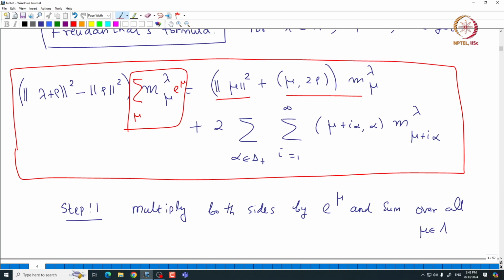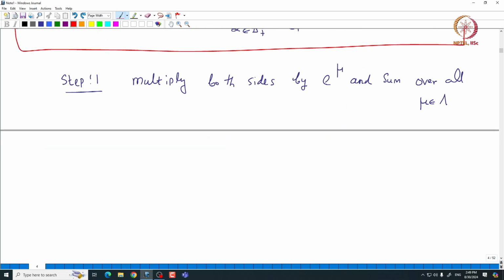So, let us write down very explicitly and see what is happening. Now the left hand side clearly becomes the norm of lambda plus rho squared minus the norm of rho squared, times chi lambda. So, that is what you get.